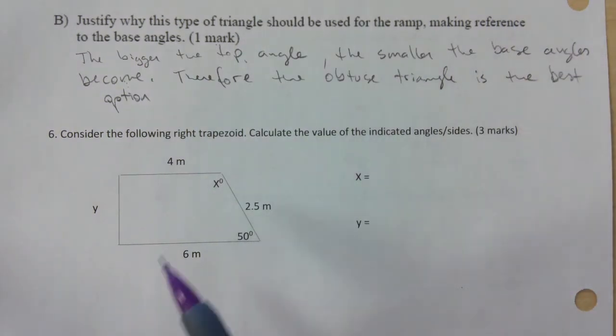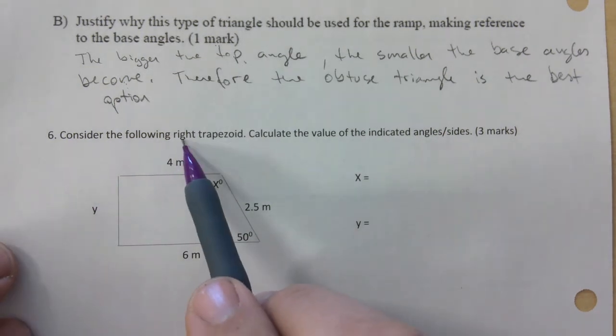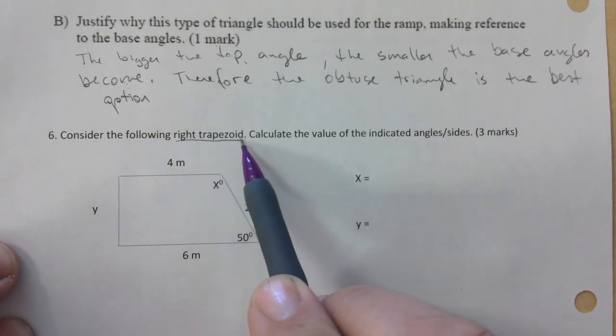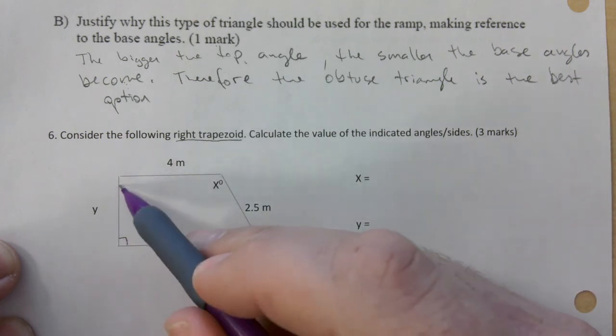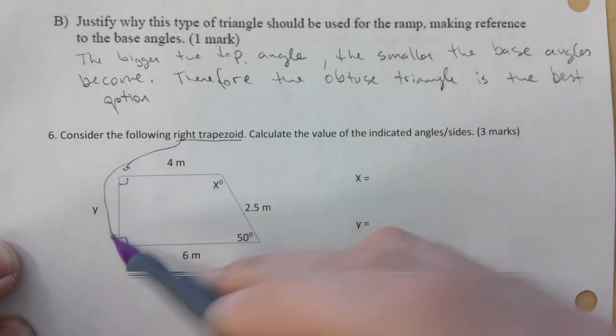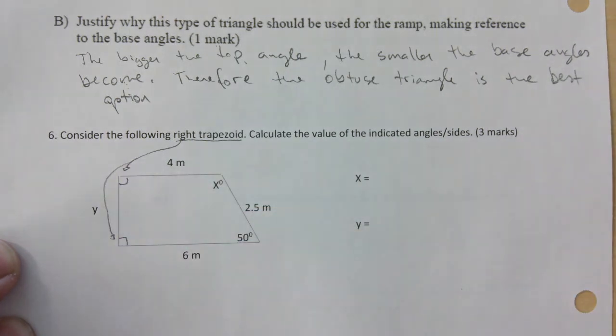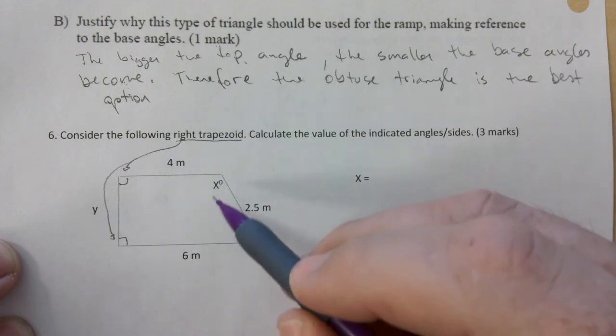And now the one that's a bit more math related, consider the following right trapezoid. So I give you the name, which means that this is a 90. I'm guaranteeing you that this is true, right? So they want angle X, this one right here.